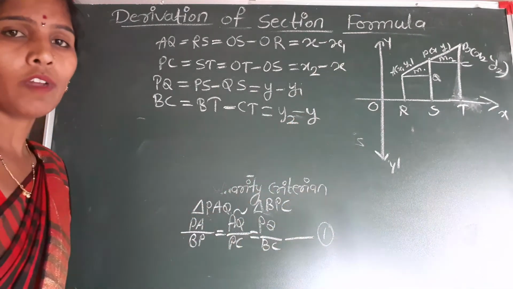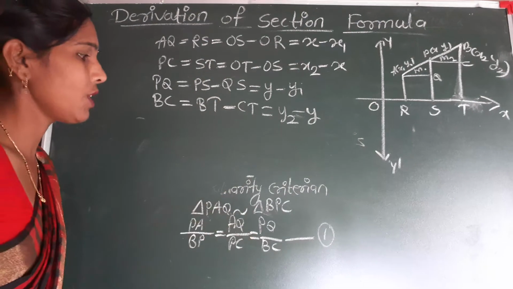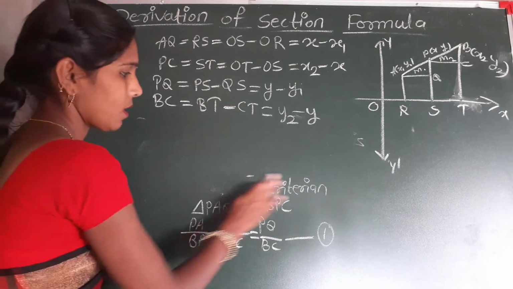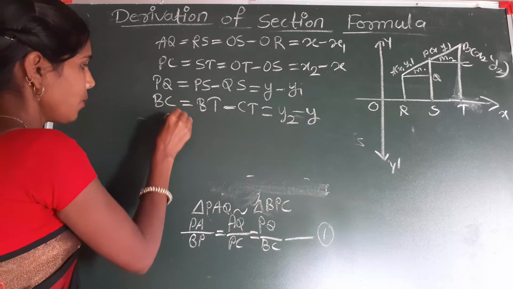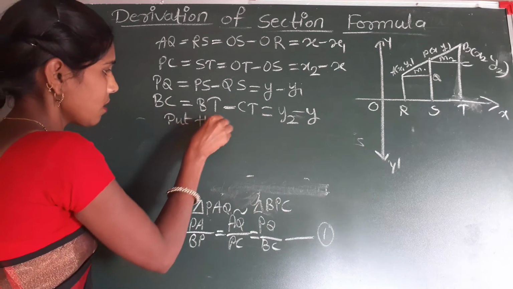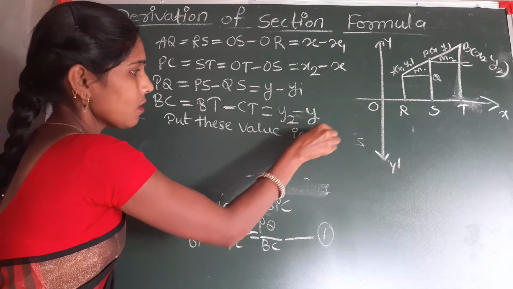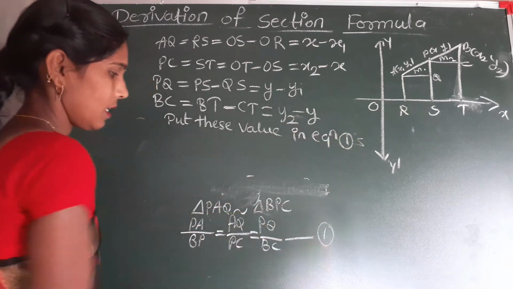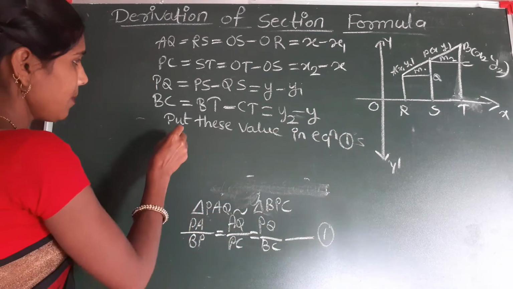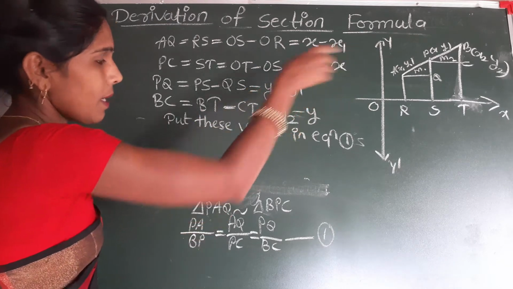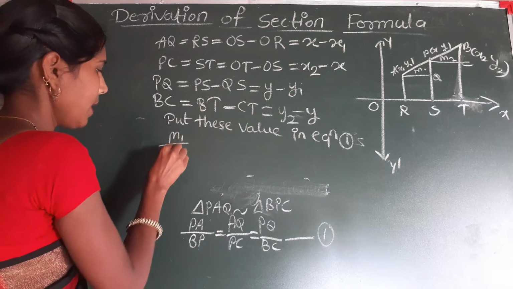We got all values. Put these values in equation 1. PA by PB is m1 divided by m2.